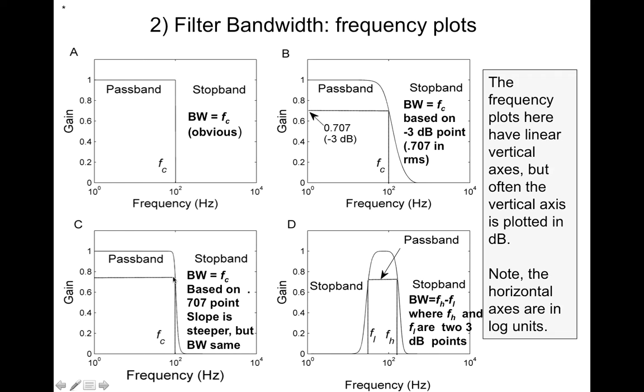Now, if you look at figure C and compare that with figure B, there's a little bit of an advantage to figure C, because let's suppose we're concerned with what frequency components are present in a given band, say of your breathing rate.